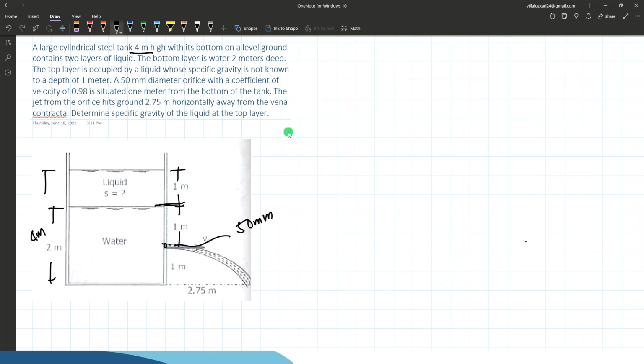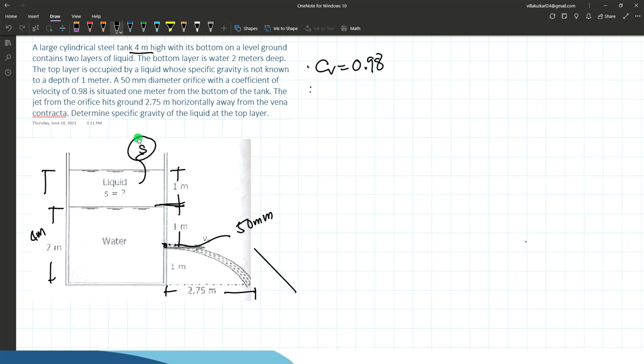Then we have a given coefficient of velocity of 0.98. The jet from the orifice hits the ground at 2.75 meters horizontally away from the vena contracta, or the opening of the orifice. Determine the specific gravity of the liquid in the top layer.